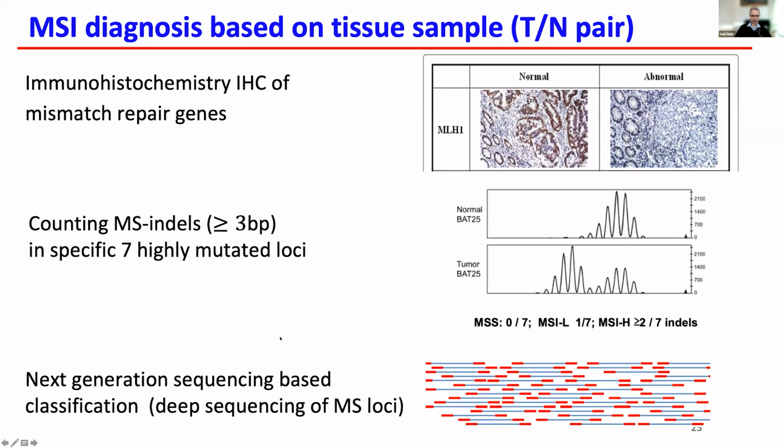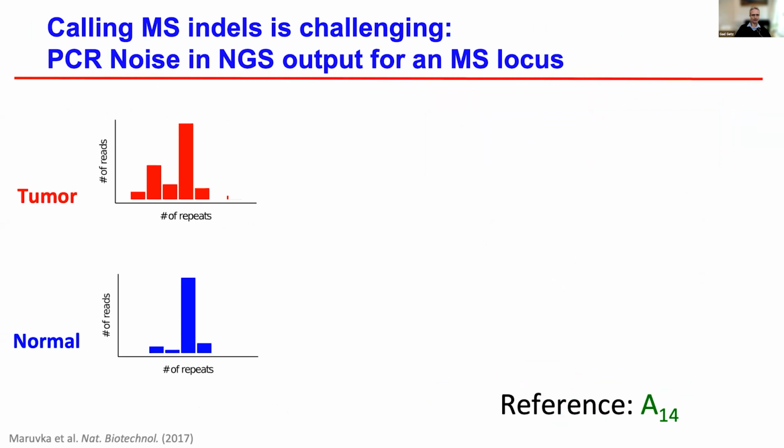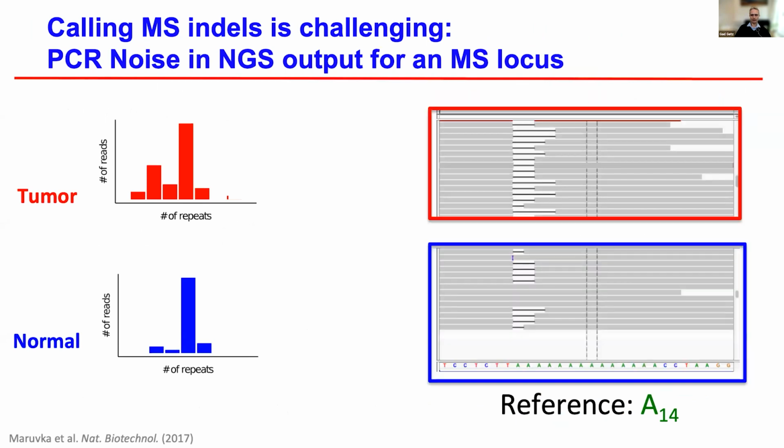And now there's, of course, next generation sequencing methods that deep sequence MSI loci to find microsatellites that are mutated. It's not easy calling mutational indels in these microsatellites, because when you look at a particular site and at the reads covering it, because of the DNA amplification in the sequencing process itself, you get different lengths of microsatellite indels.